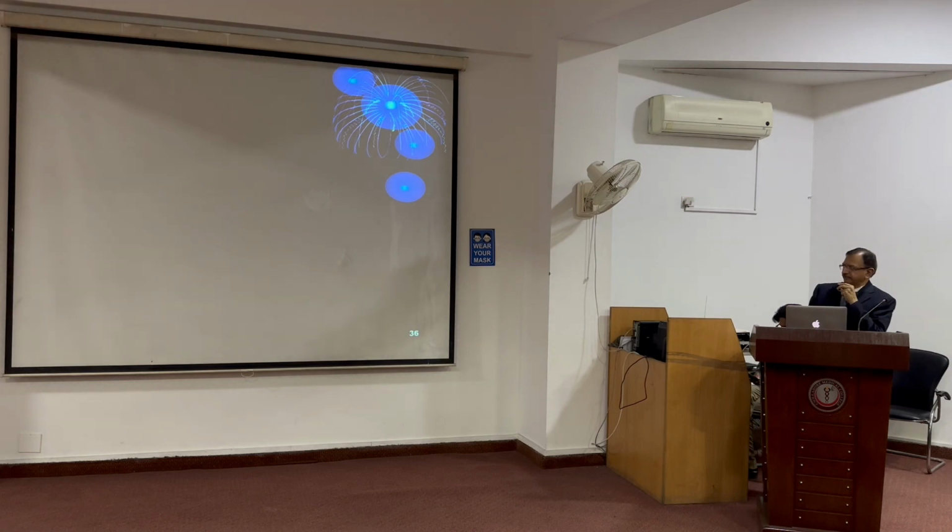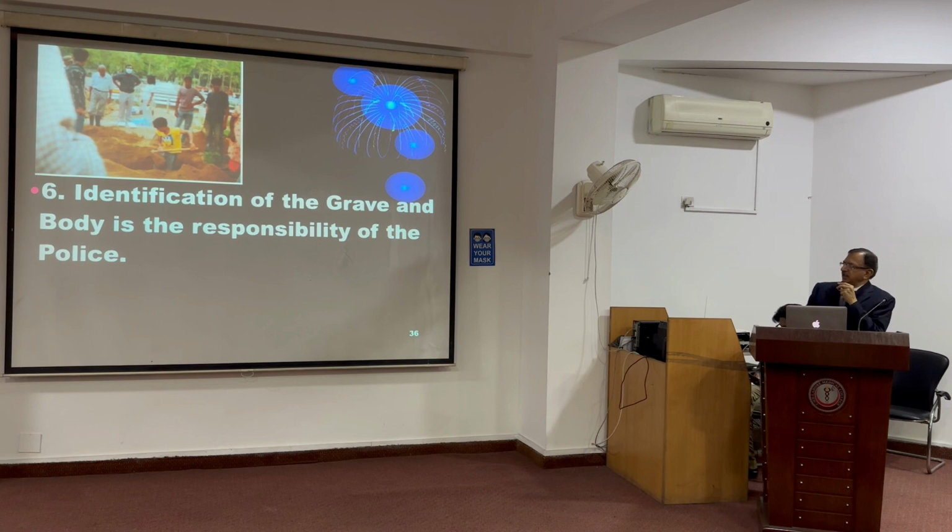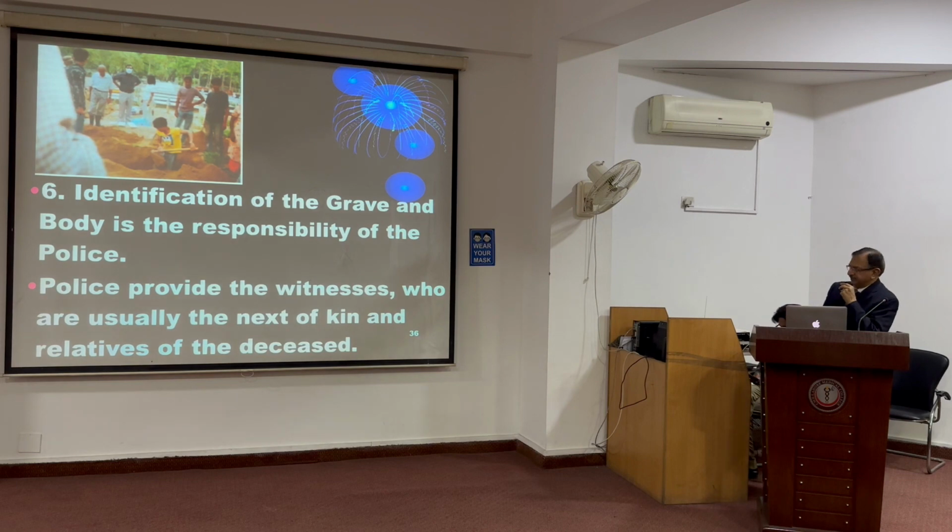This is the grave being identified, digging process. And the identification of the grave is by the relatives. And police bring those identifiers and they identify that this is the grave which is under question. And this is the job of the police.